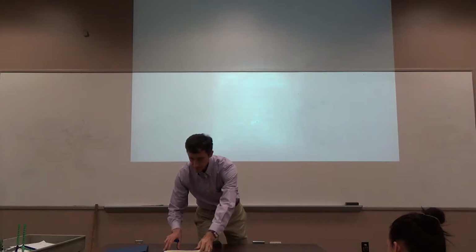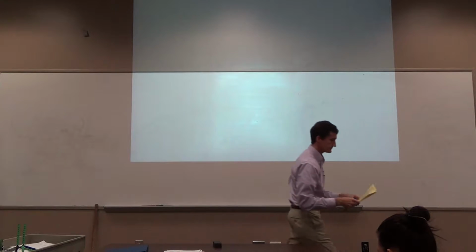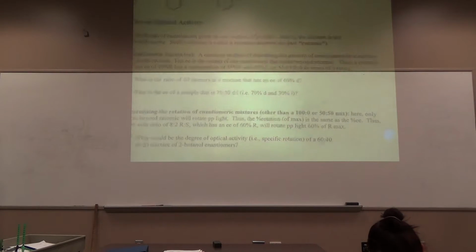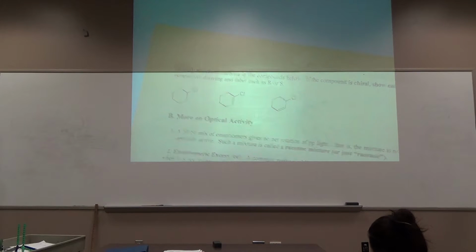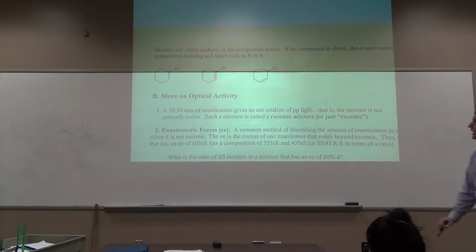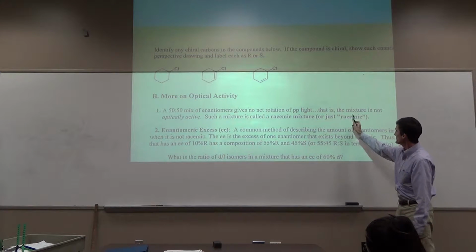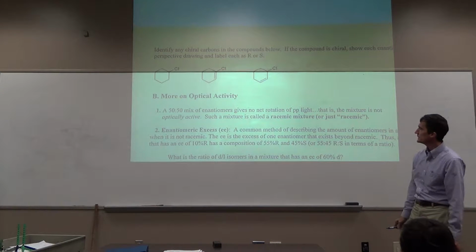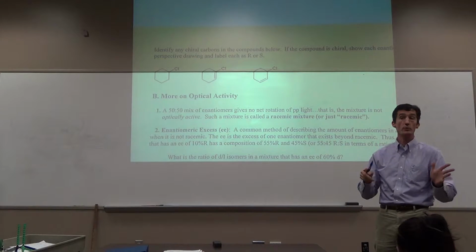Let's look more at optical activity. Okay, a 50-50 mixture gives no net rotation. We've already said that. This is called a racemic mixture, or racemic. What if we have something that's not 50-50, or not 100%?